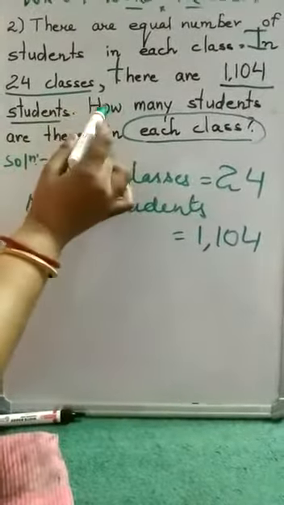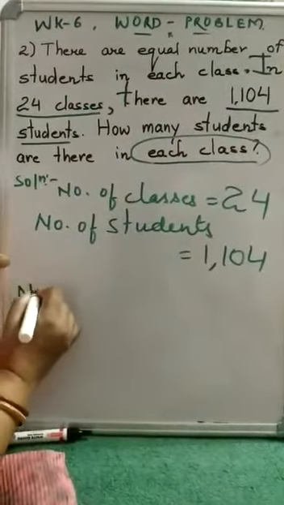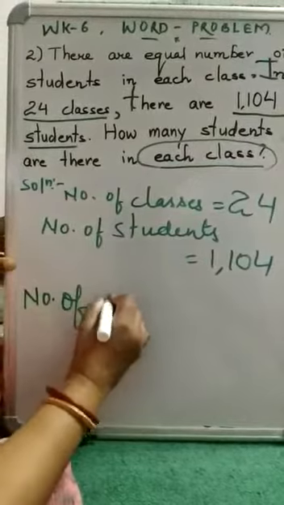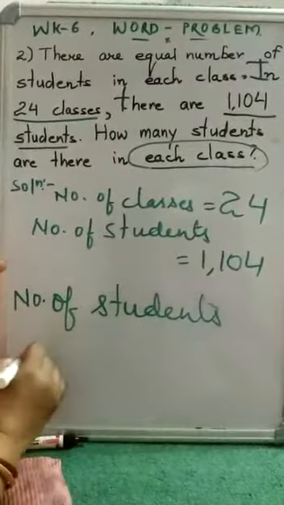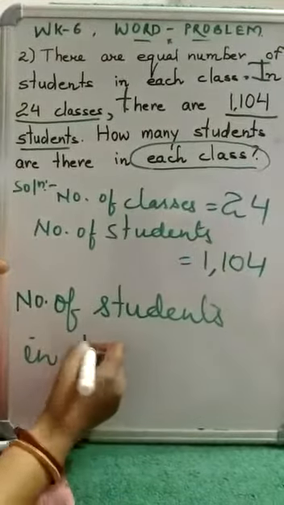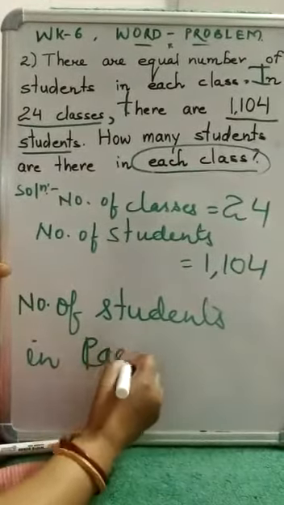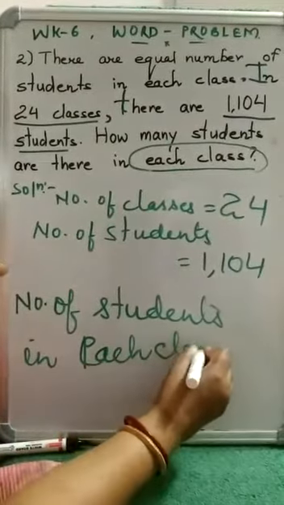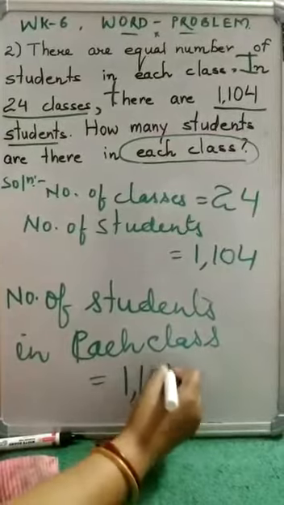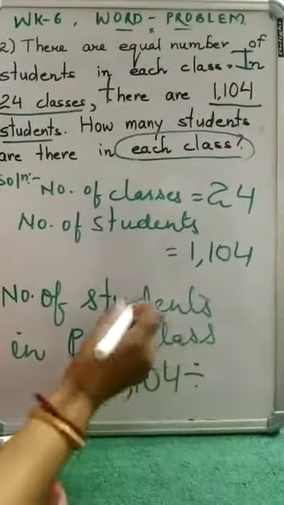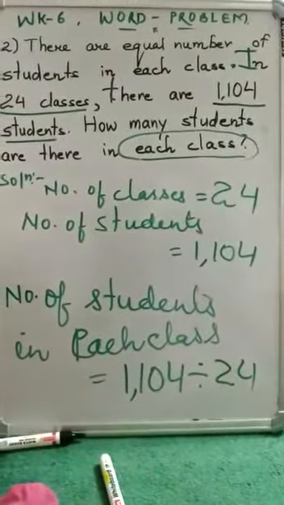What we have to find out is how many students are there in each class. So number of students in one class, each class means every class, is equal to, what will we do? 1104 will be divided by 24. Correct? Now let's divide.